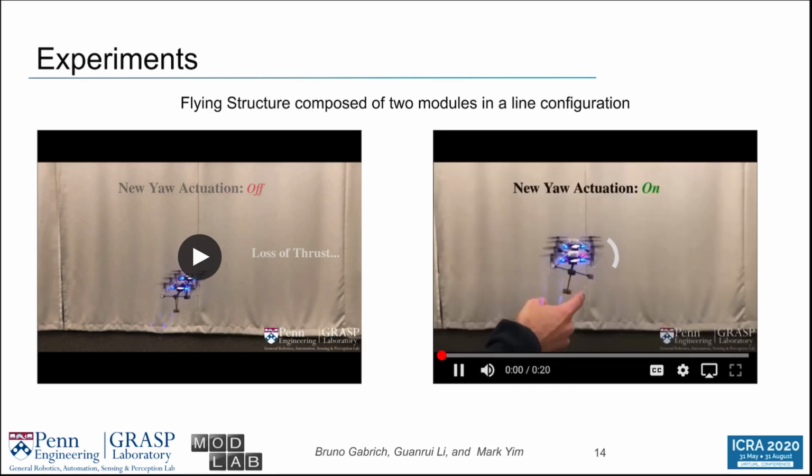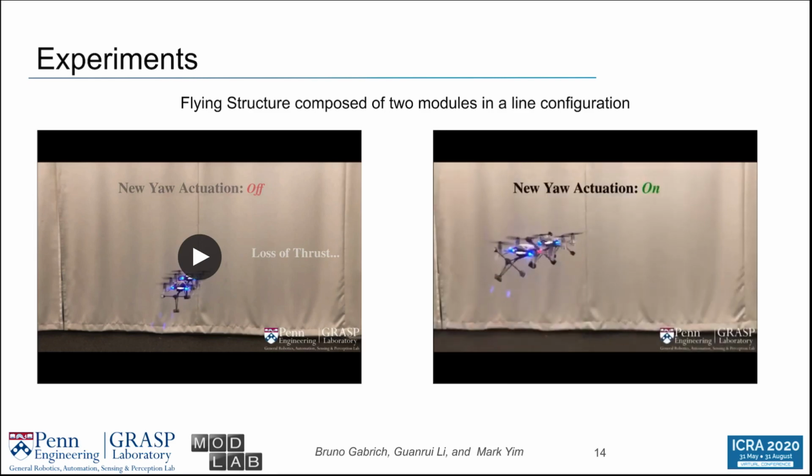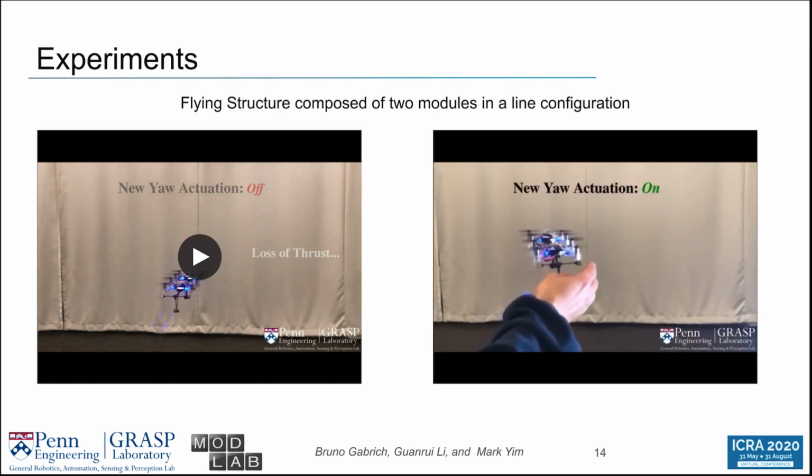Now on the right, with our new yaw actuation, we see that the quadrotors tilt in order to control the structure yaw. And we see that the response of the system is much better, and the oscillations that we noticed when the new yaw actuation was off don't happen anymore.